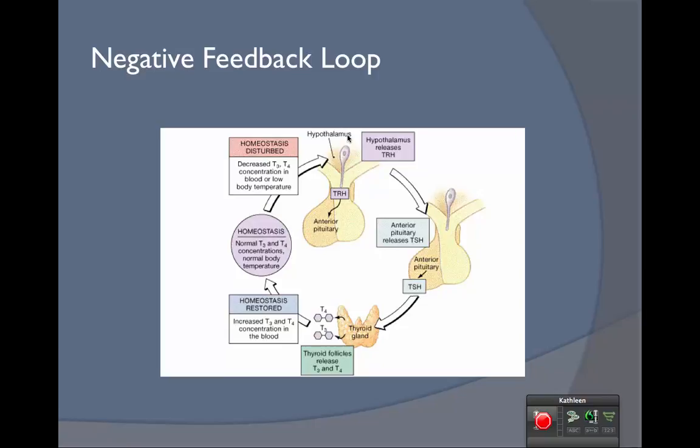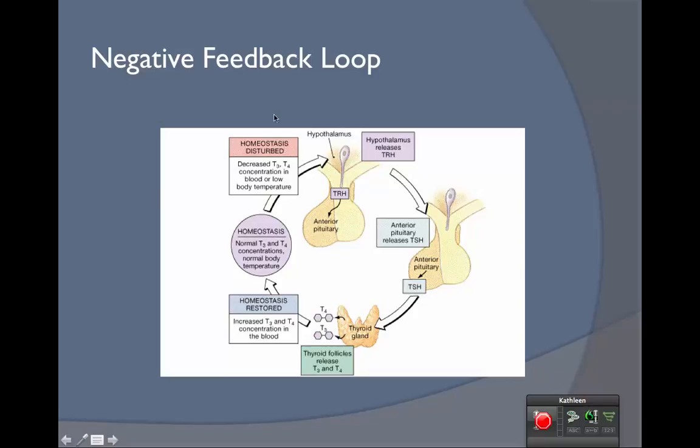And you have TRH, which is thyrotropin releasing hormone, and that is released by the hypothalamus, and that stimulates the anterior pituitary, which is right here, to release TSH. And TSH stimulates the thyroid gland to release T3 and T4.